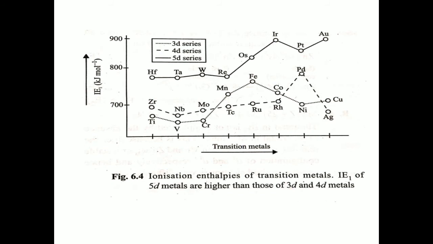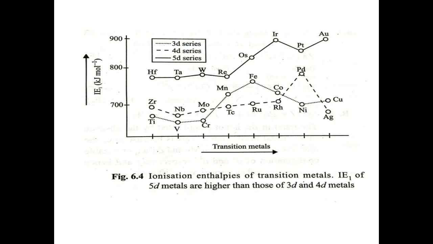That is, ionization energies are higher for the 5D series when compared with the 3D and 4D series of elements. This is clearly shown in the graph. On the y-axis we have taken ionization energy, and on the x-axis the transition metals or D block metals.